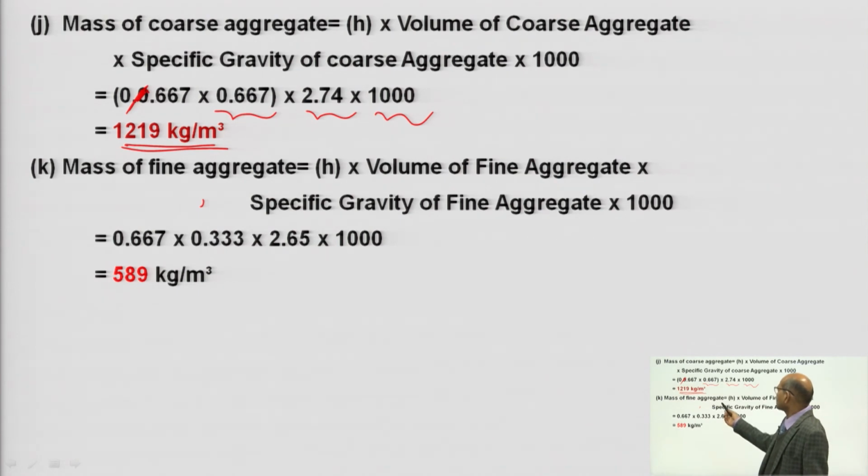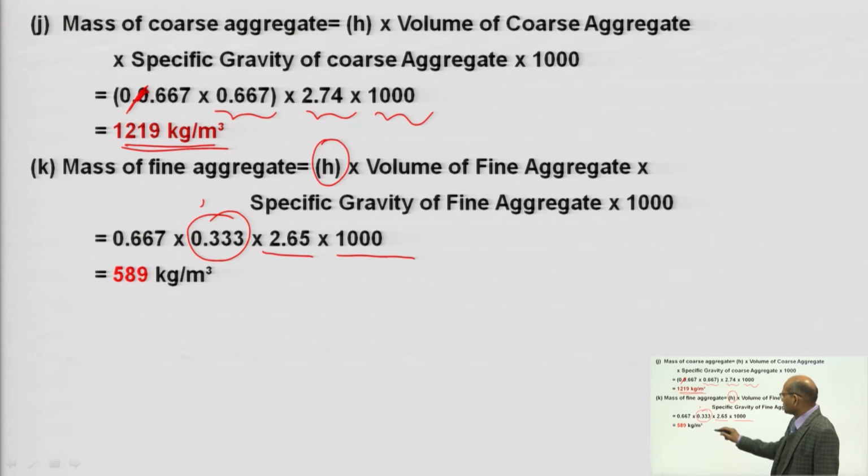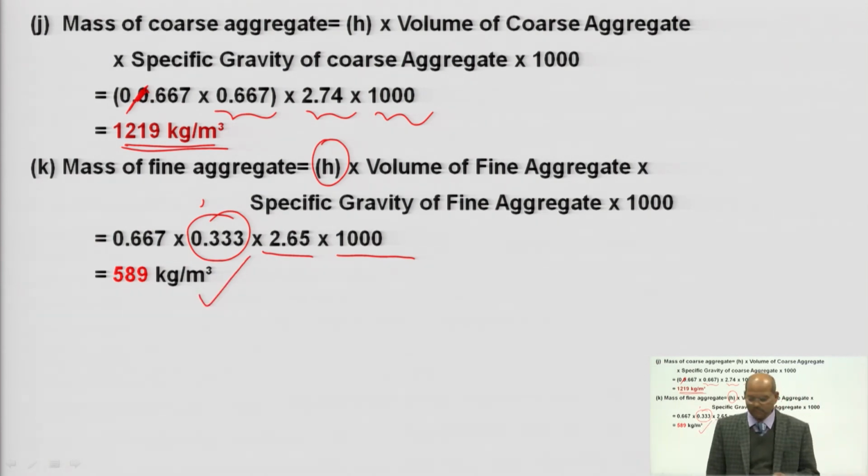Similarly, for the mass of fine aggregate, you consider the total volume of aggregate, and this fraction is 0.33. So, 0.33 into the total volume of aggregate, multiplied by the specific gravity of sand and multiplied by 1000, is going to give you 589 kg per meter cube.